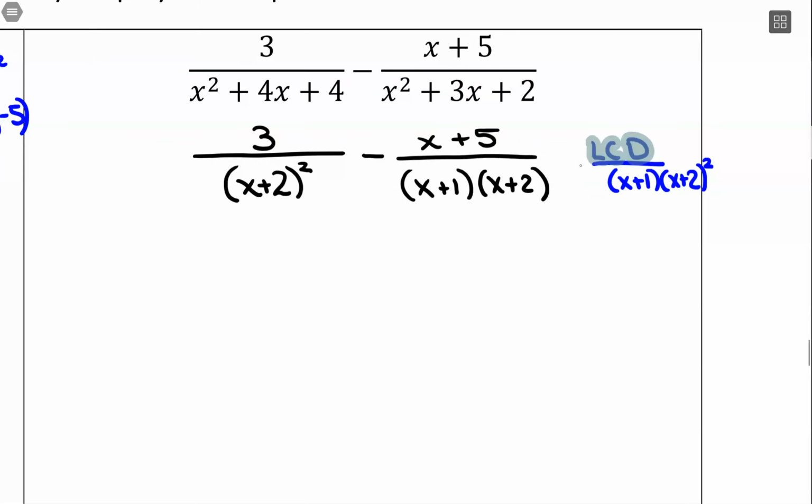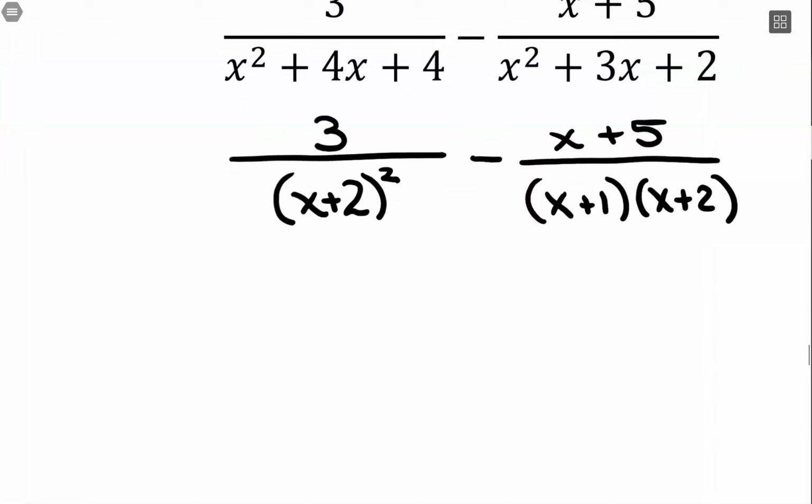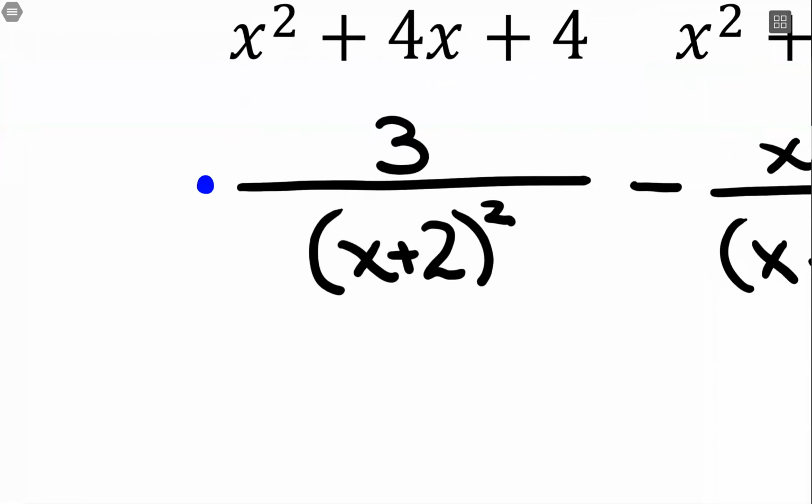Sorry, I'm going to write this up a bit higher, because I'm going to go ahead and do my math on here. So 1 x plus 1, 2 x plus 2s. So my first term, I need to multiply by a unit fraction. I have my x plus 2 squared. What I'm missing is the x plus 1.